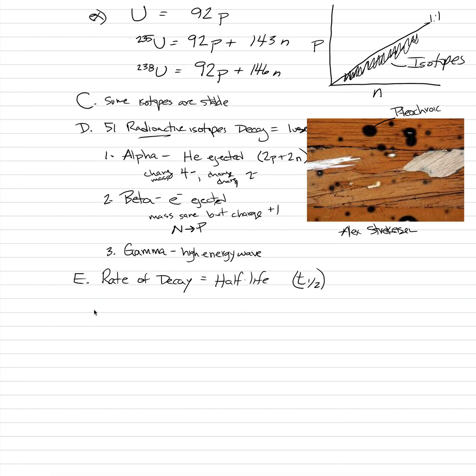That's a nice, good shorthand. When we have this rate of decay, we're taking a parent isotope that's radioactive and unstable, and we turn it into a daughter isotope that may or may not be stable or radioactive. That's the mechanism that's going on.